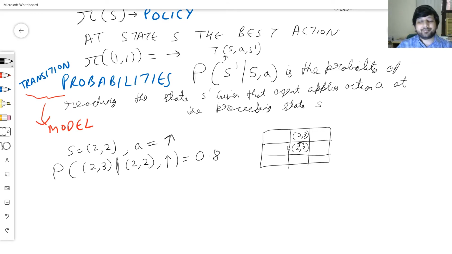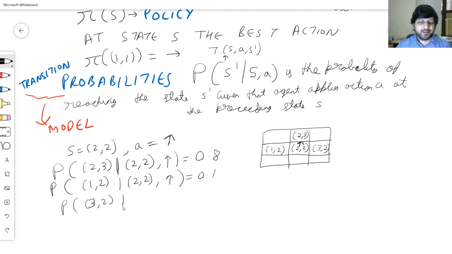So there's a 10% chance it slips here, and there's a 10% chance that it slips here. So similarly, probability of going to 1-2 given at 2-2, comma up, is equal to 0.1, and probability of 3-2 given from 2-2, I take the action up, is equal to 0.1.